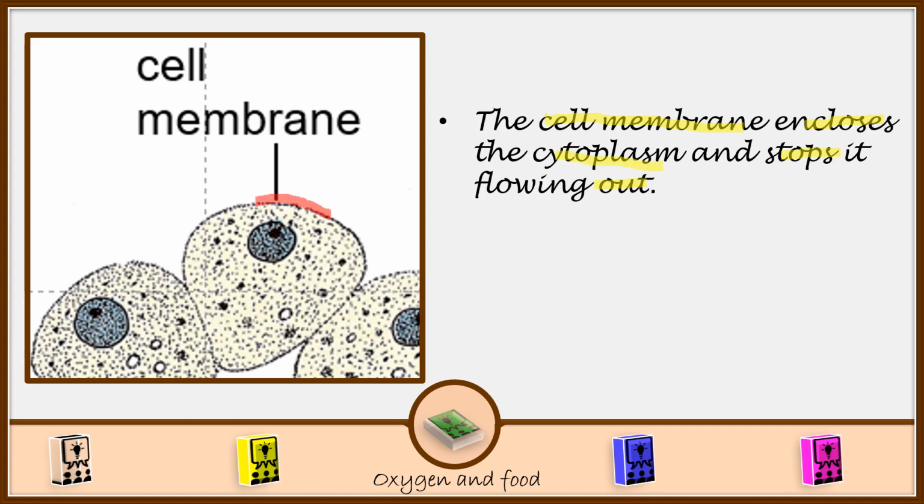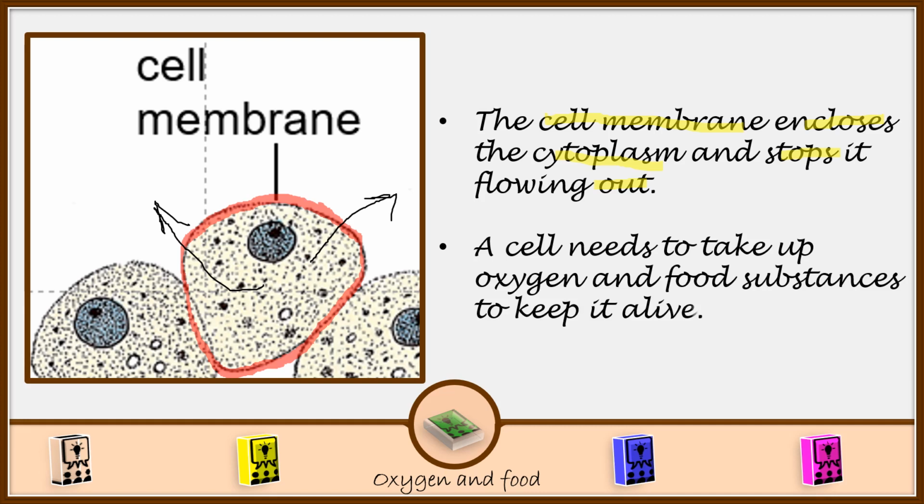The cell membrane is that part covering or enclosing the cytoplasm. And the cell membrane prevents the cytoplasm from going out of the cell. That is the work of the cell membrane.